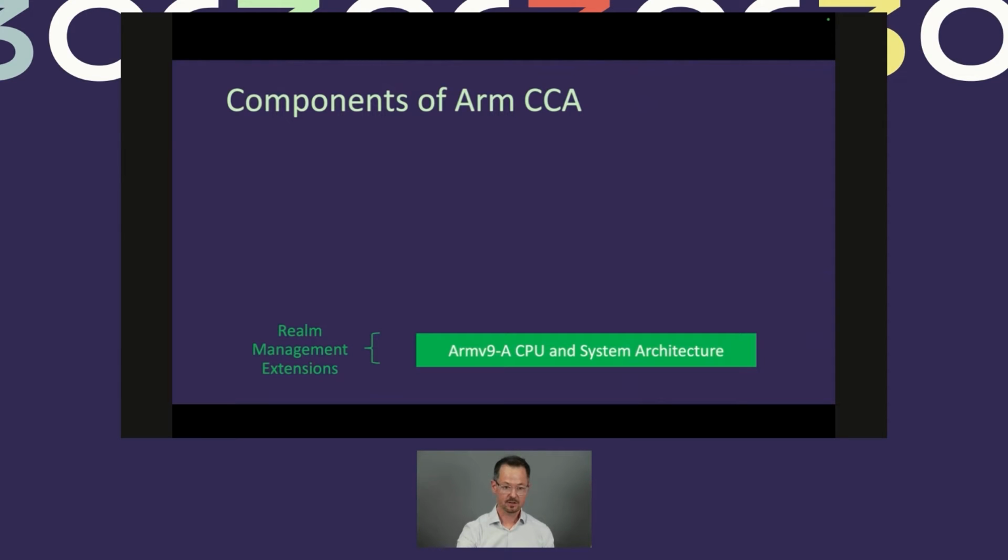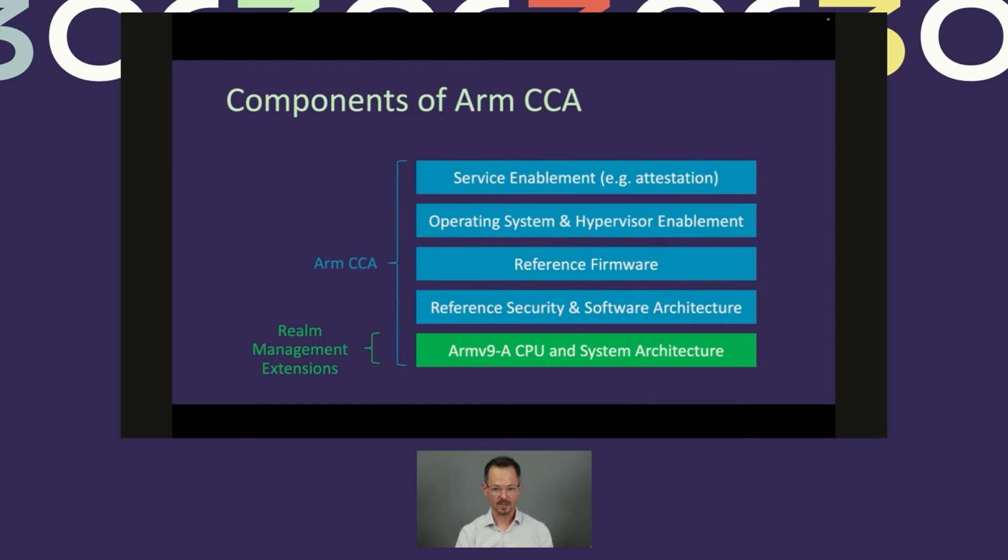Then sitting on top of RME exists a software stack. And the combination of that software stack together with the RME-enabled hardware is the entire solution that we refer to as CCA, the Confidential Compute Architecture. The software stack exists both within and also extends beyond the device. So the software stack within the device includes enablement, which is added to the trusted firmware components and also to Linux KVM.